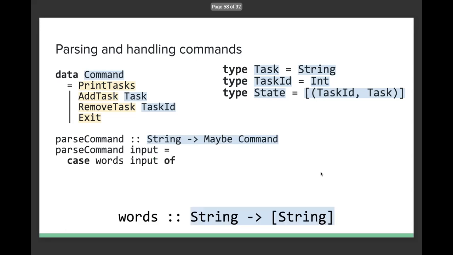Okay, so parsing comment. So we have an input, and now parsing this comment, I'm going to use a case expression instead of several equations for parse comment because that saves me some typing. So the words function is basically splitting a string using spaces.